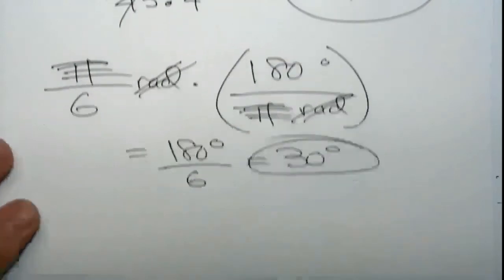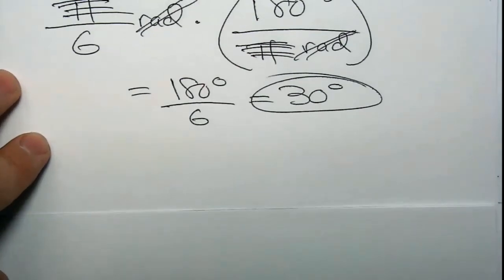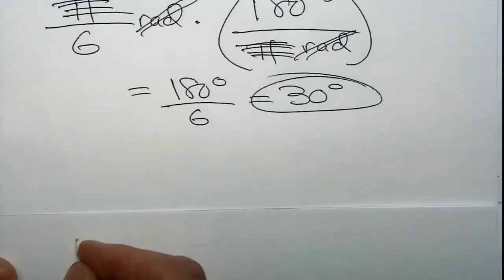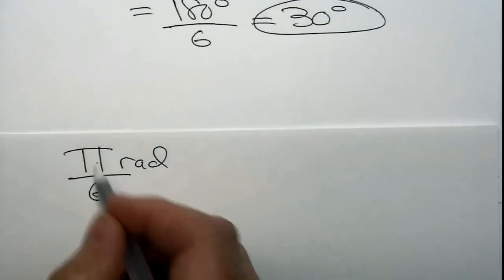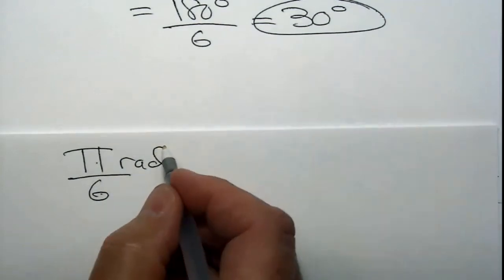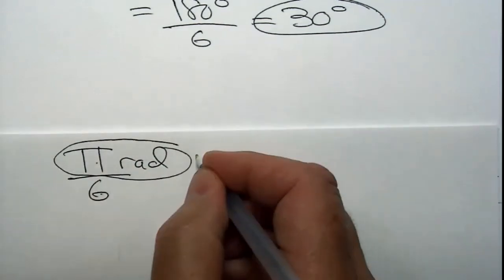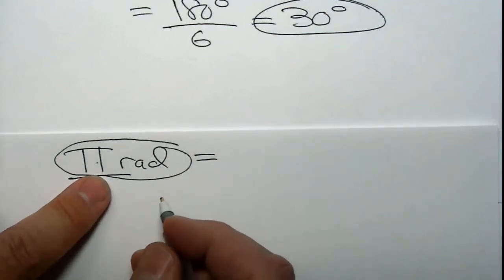So it's a little easier, I think, to convert radians into degrees. In fact, it's even easier than what we just did. Check out this pi over 6 radians one more time. In fact, pi over 6 is about half a radian, so it should have been smaller than 45 degrees, which it is. It's 30. But if you just circle this one piece of it, recognize that pi radians is half a circle.